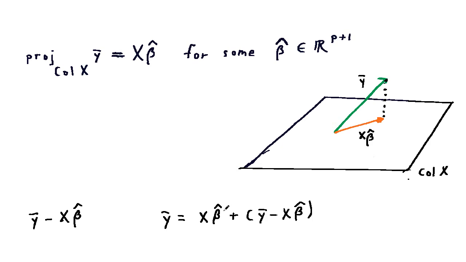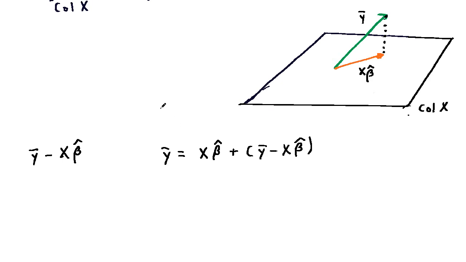Here X beta hat just cancels out and we get y, so that's why this is true. Now this right here, X beta hat, lies in the column space of X.